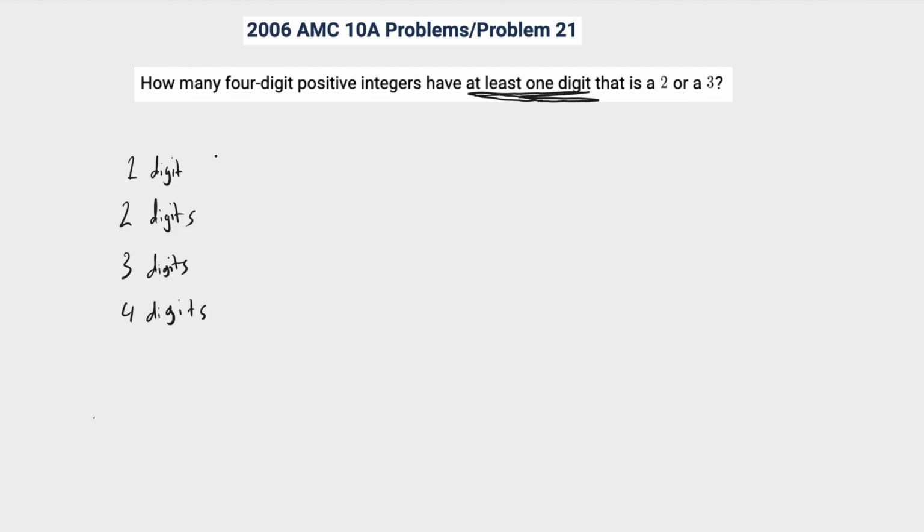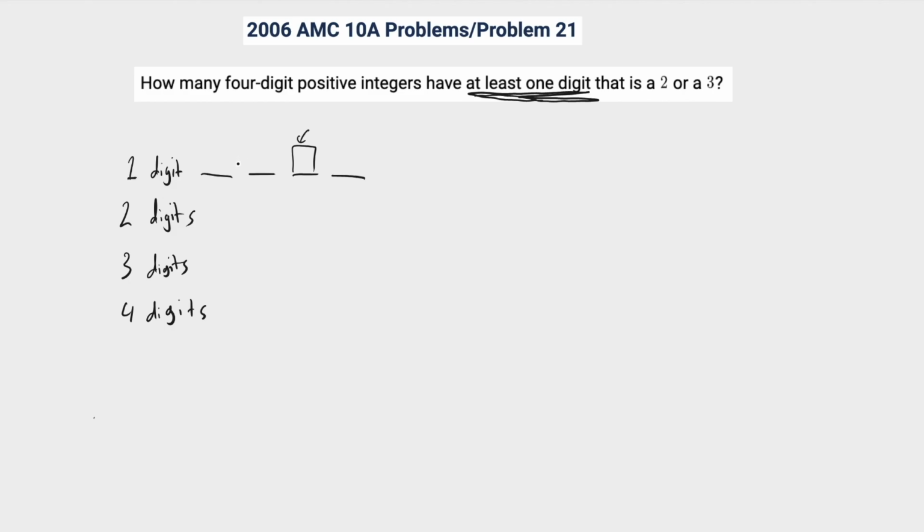Okay, so let's look closer at the case with one digit. So we have 4 different spots representing the 4 digits in our number, and we'd have one of these reserved for a 2 or 3. And looking at how I drew this, something you may be asking is, why did I mark the tens place as the location where the 2 or 3 would be?